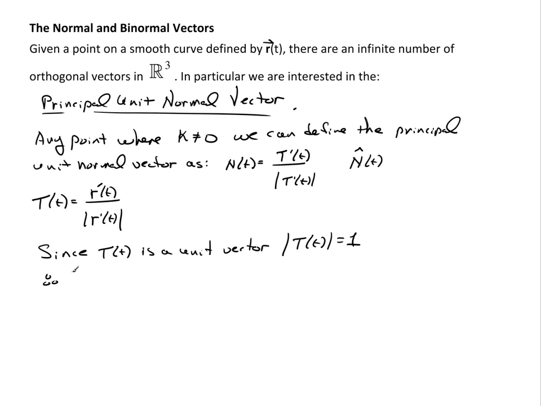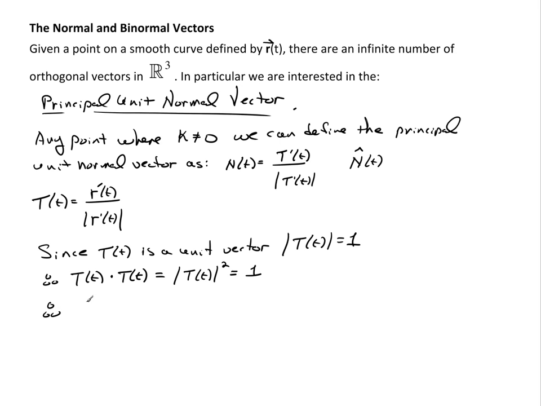Therefore, if I take a look at T dot T, the unit tangent vector dot the unit tangent vector, this is going to be equal to the magnitude of the unit tangent vector squared, which is of course 1 squared, which is 1.